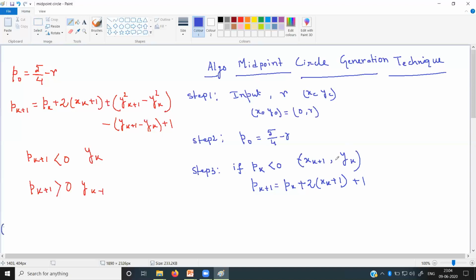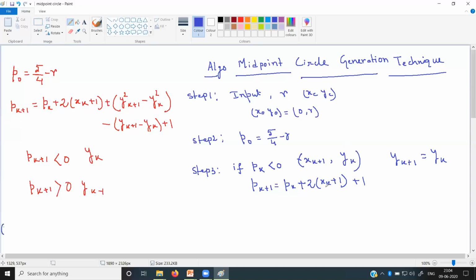What I have done is, since k plus 1 is the iteration, I replaced the y of k plus 1 by yk. So these two terms get cancelled. It now becomes pk plus 2 of xk plus 1 plus 1.